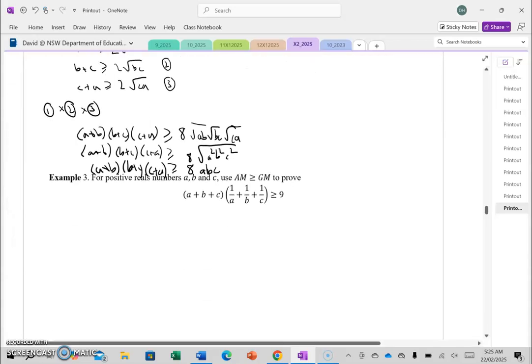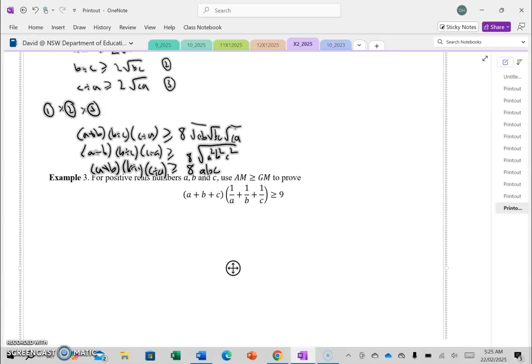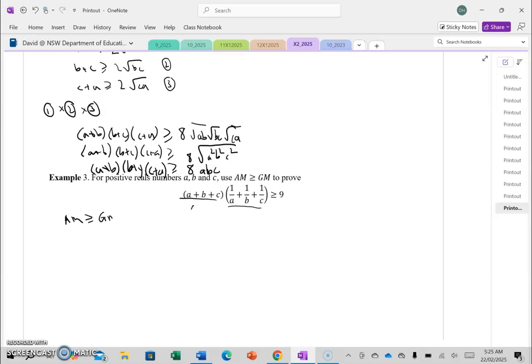Let's try this one together. Alright. Well, the first thing I see is 3 numbers in a sum, and 3 numbers in a sum. So for this one, we're going to be using AM greater than or equal to GM for 3 numbers.